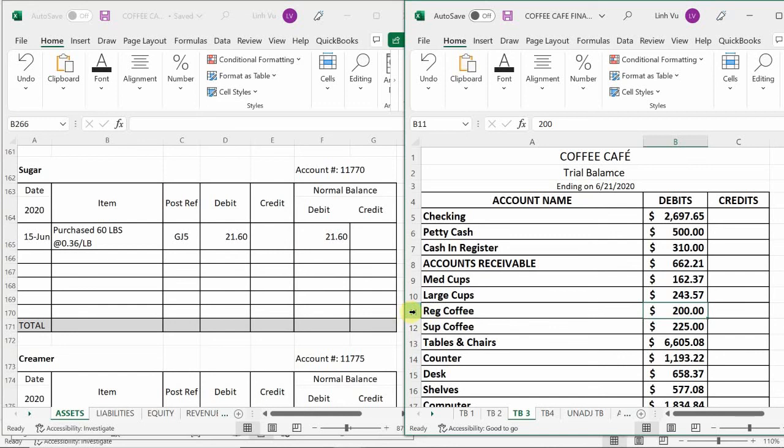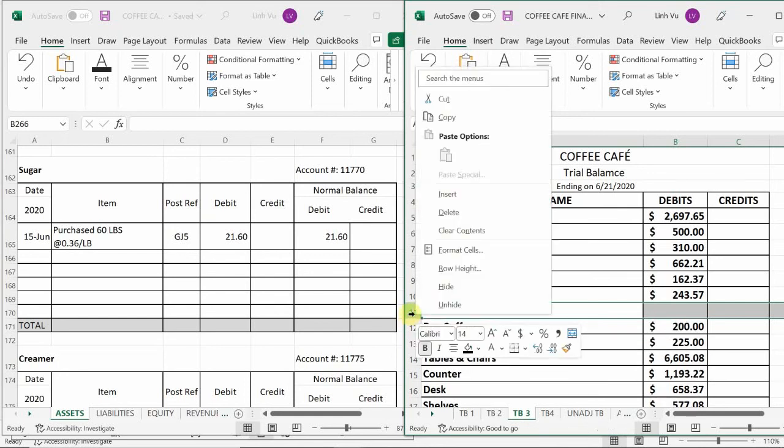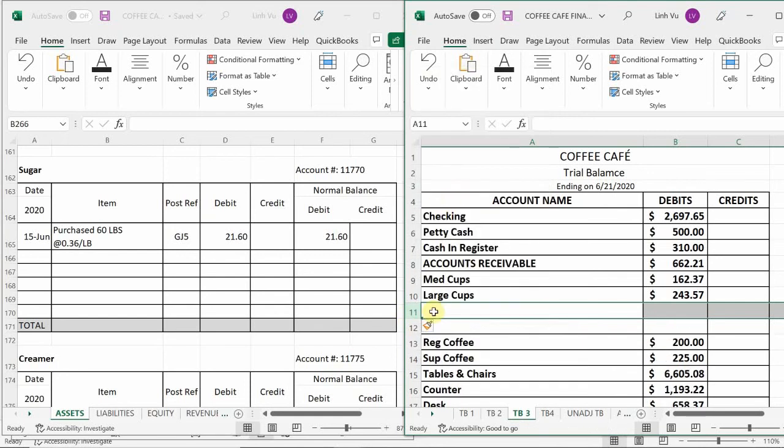So again, I want it in between large cups and regular coffee. So remember, it inserts the line above it. So I need to click on regular coffee, or in this case, row 11, right click insert. Okay, so I have some sugar and I have some creamer.